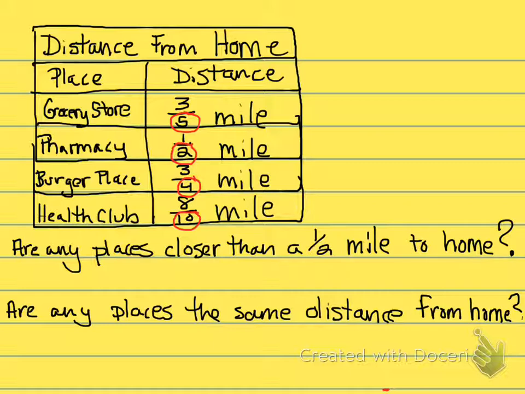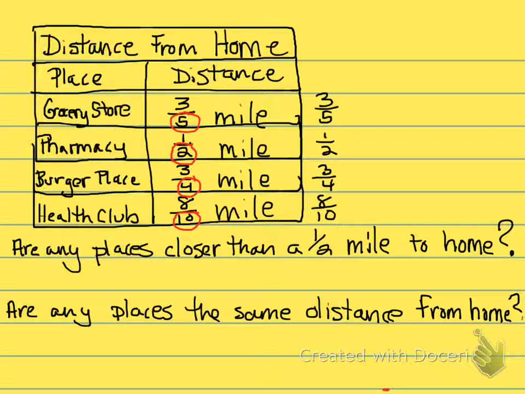Okay, so I have 3/5. I have 1/2. 3/4 and 8/10. I'm going to erase these equal signs. What I want to do is find a common denominator. 5, 2, 4, and 10.